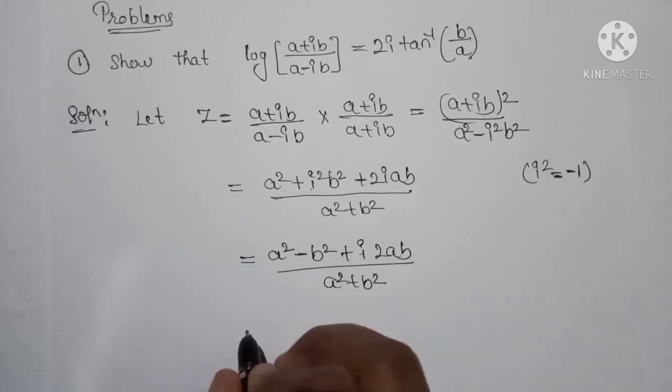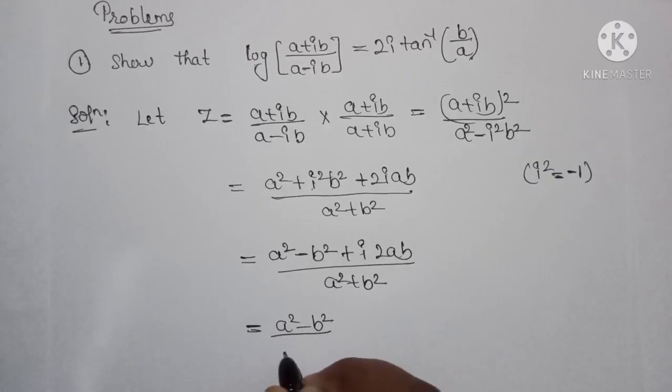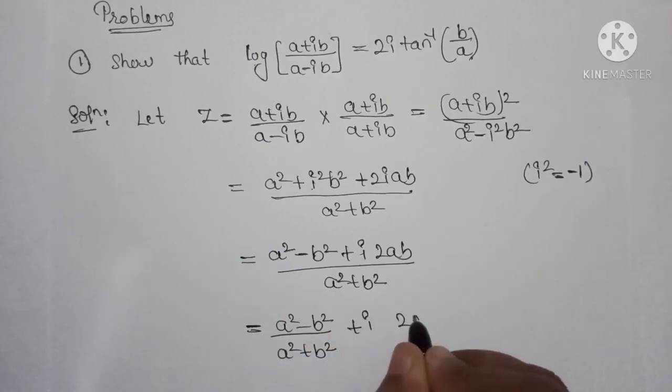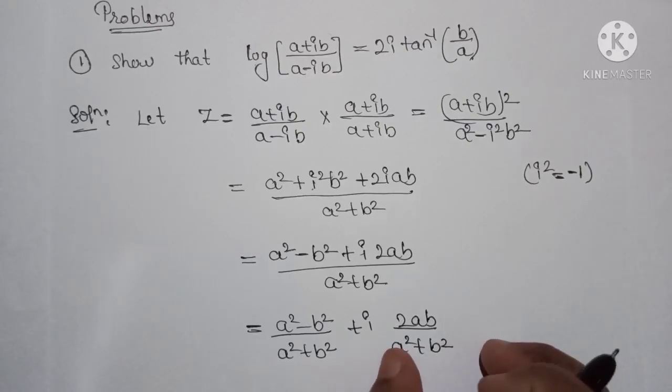Now we can separate the real and imaginary parts here. A square minus b square divided by a square plus b square is the real part, plus i into 2ab divided by a square plus b square, which is the imaginary part.